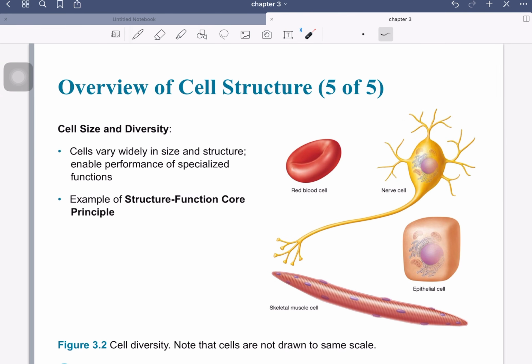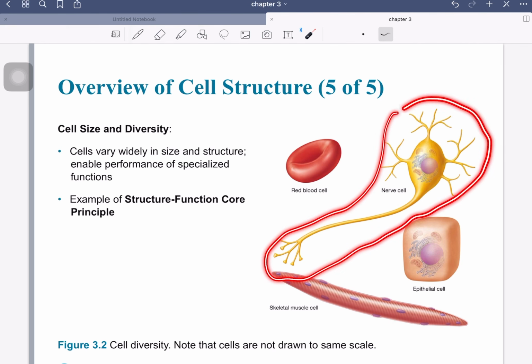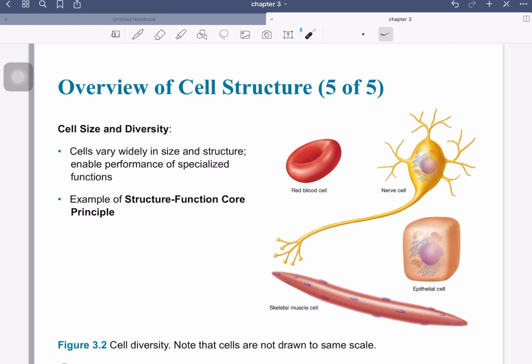A neuron. Neurons come in many different shapes. We're used to seeing them look like this, but when we get to the nervous system, we'll see that there are a number of very distinct types of shapes for neurons. But of course, a neuron, most of you know, typically has dendrites, a cell body, and an elongated axon. By the way, these can be very long. There are some neurons that are up to about 1 meter in length.